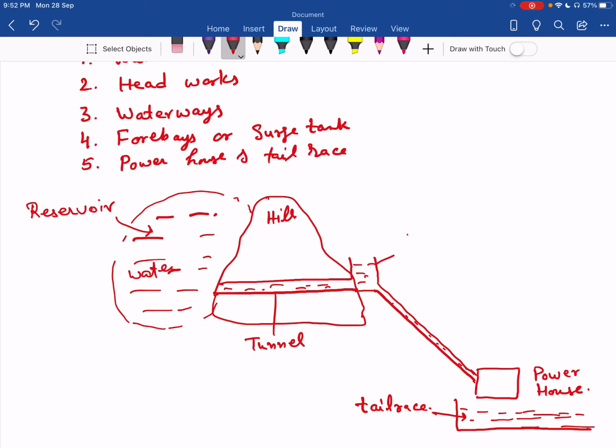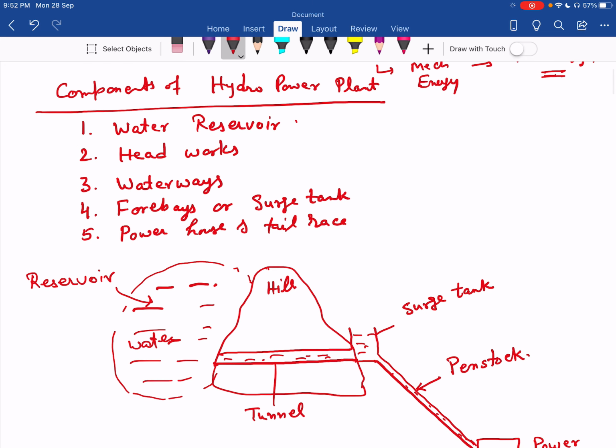This is the surge tank, and this is the penstock. So the first component is the water reservoir.